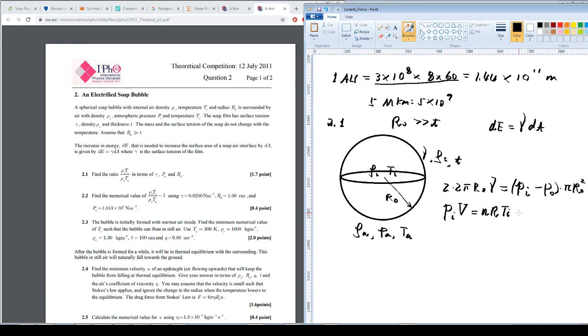The number of moles is mass over molar mass. And then mass over volume, so now we use the relationship that mass over volume is density.